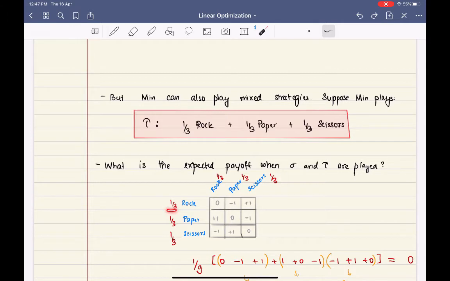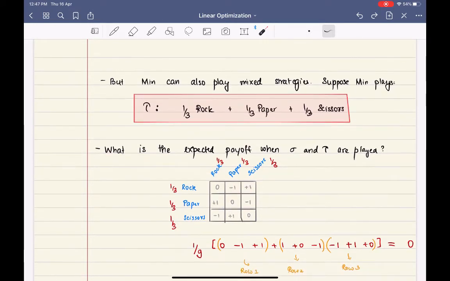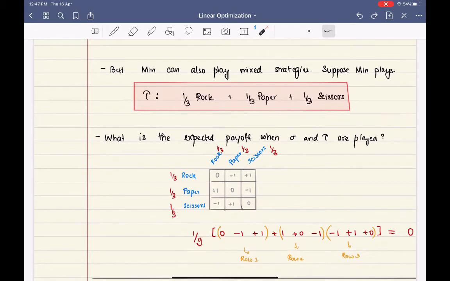This is 1/3, this is 1/3, this is 1/3. Similarly, this is 1/3, this is 1/3, and this is 1/3. So this cell comes with 1/9 probability. Essentially it is 1/9 times this plus this plus this, you add all the cells. That will give us the expected payoff. So here it is, and that will still be 0.